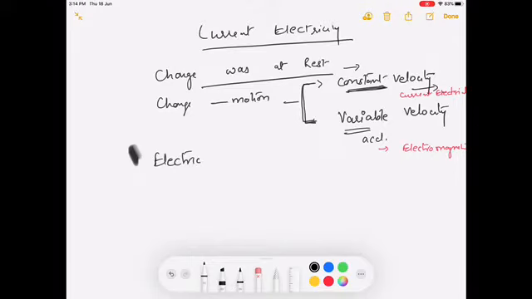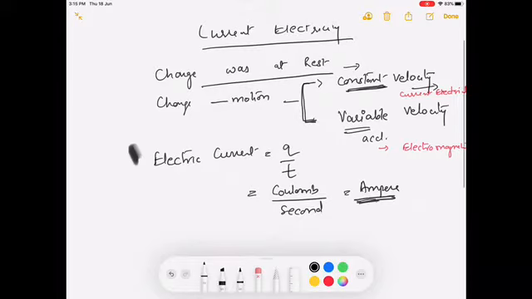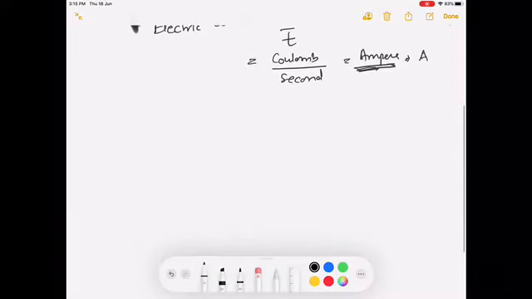Electric current is the rate of flow of charge, or the charge per unit time. Unit of charge is coulomb and unit of time is second. So the unit becomes coulombs per second, or the name of this unit is ampere, the name of the scientist. Okay, so the unit of electric current is ampere, represented by the letter A.